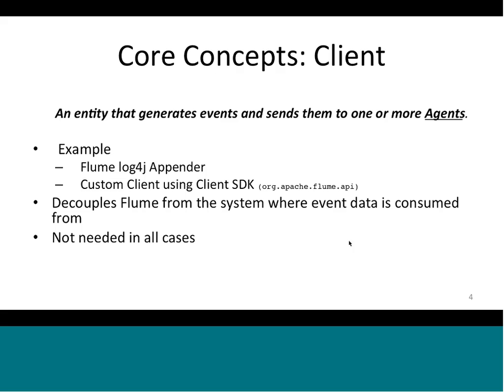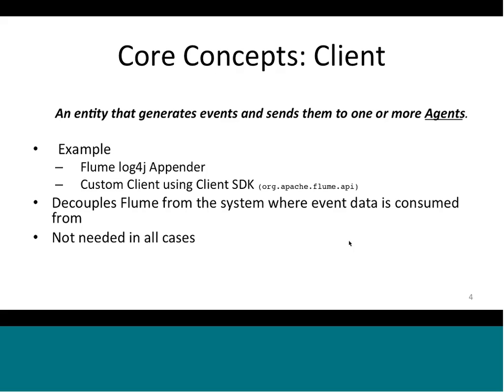So you can plug into anything essentially. Now, this client decouples from the system where event data is consumed, which is a very important thing. By virtue of these decouplings, you will have the client, the source, and all of those things. So the client can produce data at a slower speed while the source can consume it at a faster speed and vice versa.